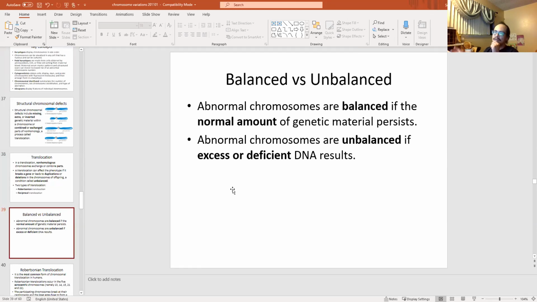So the cells can still express these proteins when needed, and the function of the organism is not affected. But deletion and duplication or gene breaks will cause the unbalanced condition.